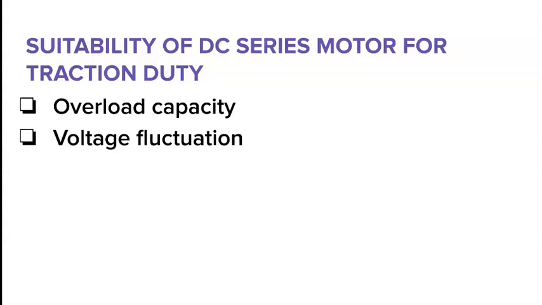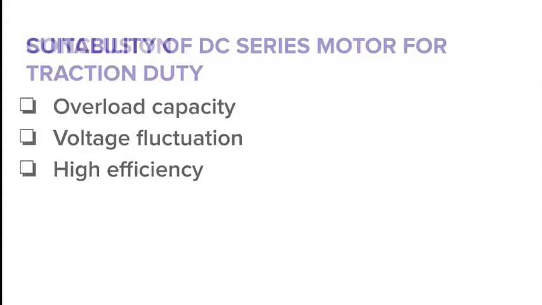Second is voltage fluctuation. We all know traction motor should be capable of withstanding high voltage fluctuation, which our DC series motor is well capable of. And also we should not forget DC series motor has a very high electrical as well as mechanical efficiency as compared to a DC shunt motor.